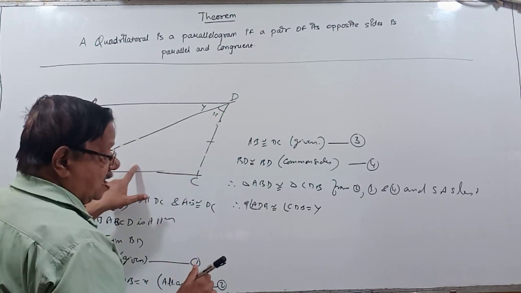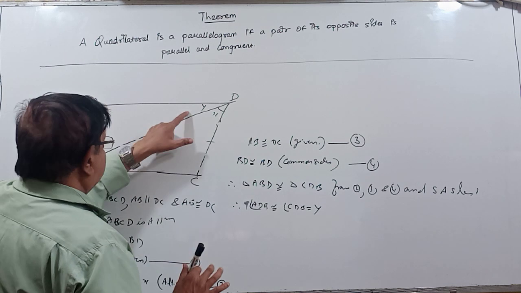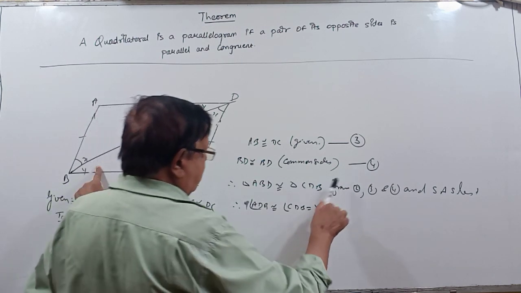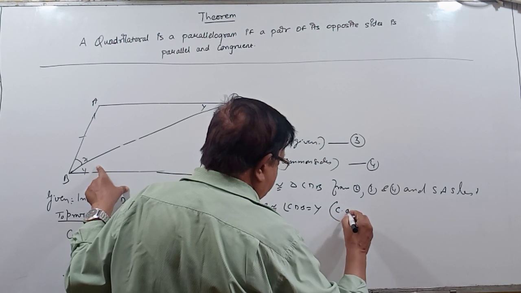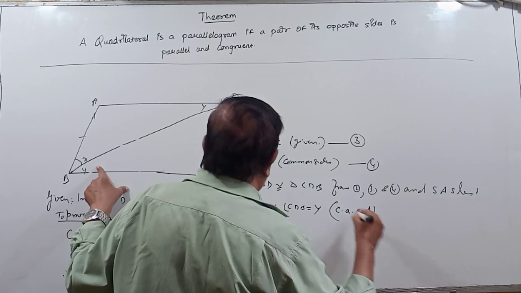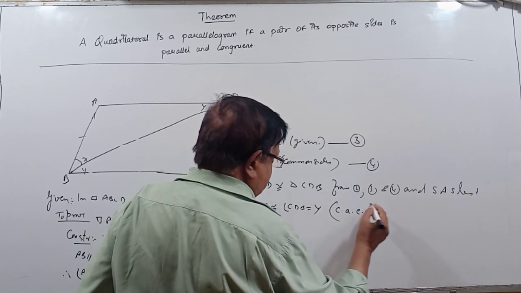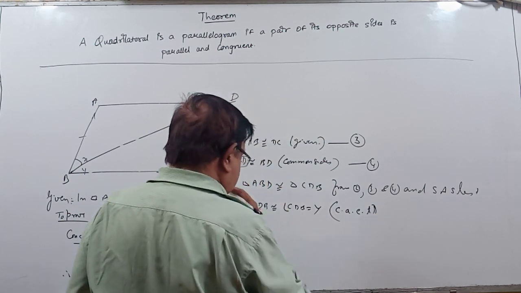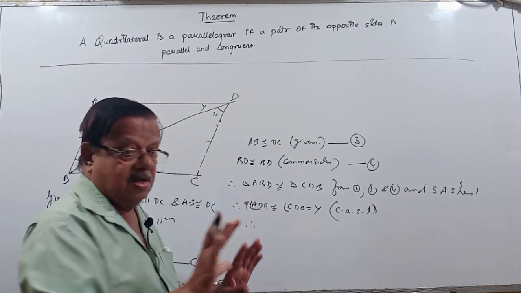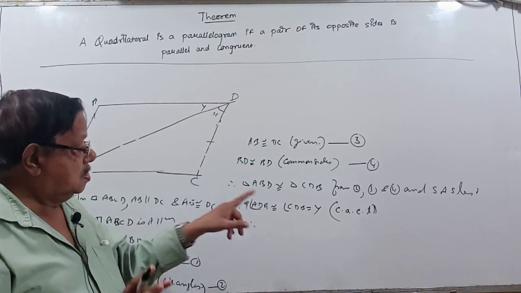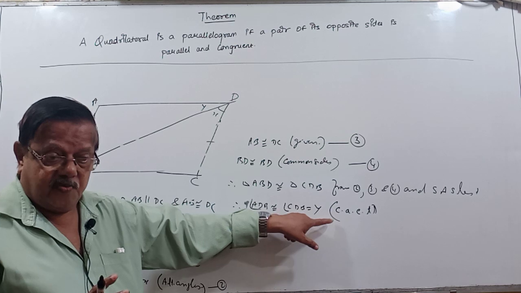Don't say alternate angle now; now they are corresponding angles of congruent triangles. We have said the triangles are congruent. Now write here: corresponding angles of congruent triangles. Therefore, this is congruent to this. Corresponding angle and congruent triangle we have done.